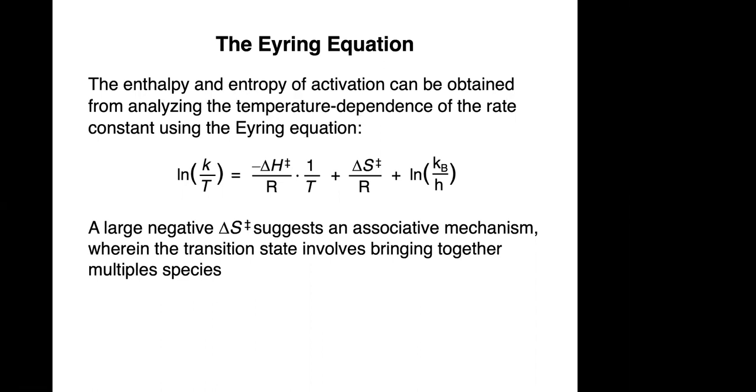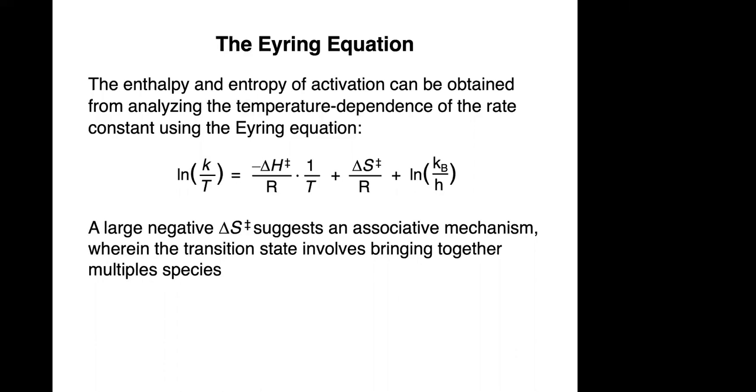And so large is important here because this is often quite an extrapolation to get the intercept. And so there's often a large error associated with that extrapolation to determine the entropy of activation.